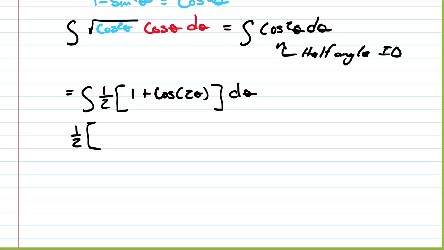So we have 1/2 times the antiderivative of 1, which is theta, plus the antiderivative of cosine 2 theta, which is sine 2 theta divided by 2.